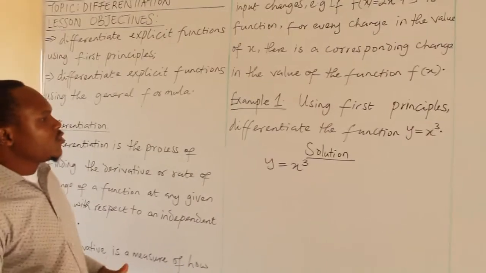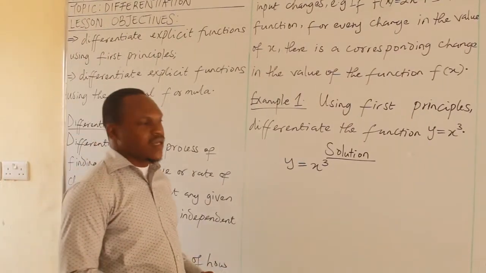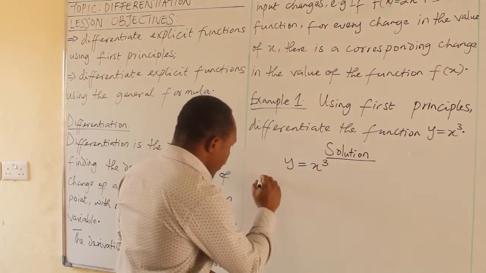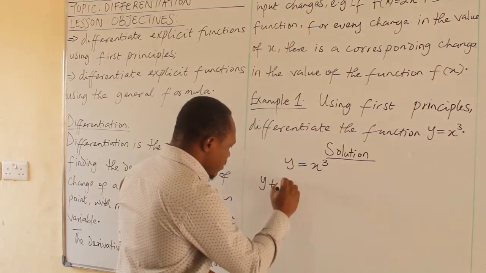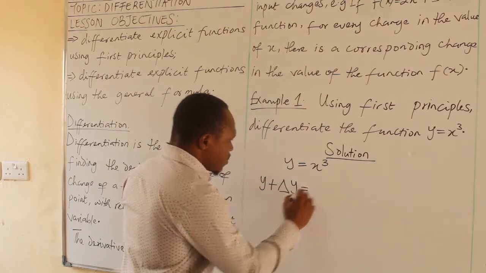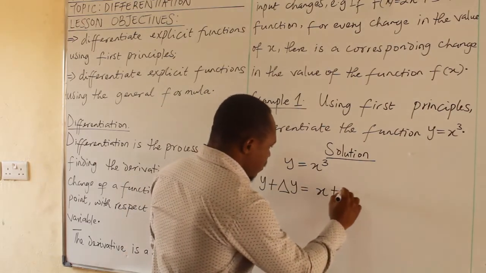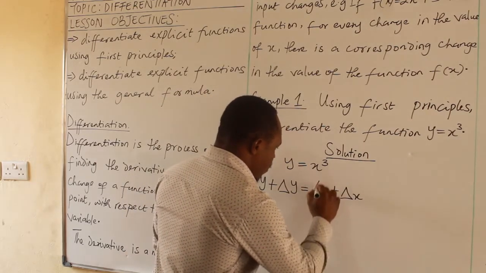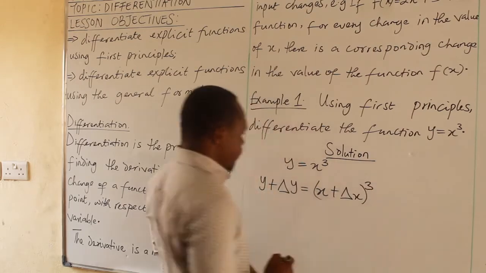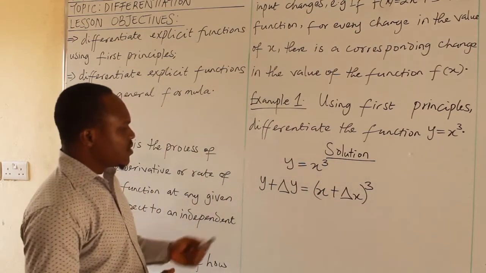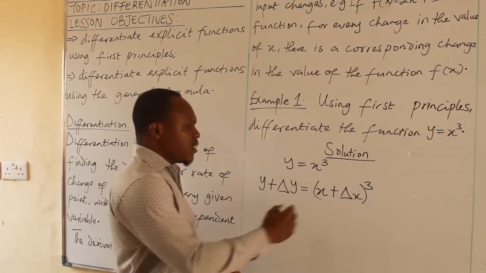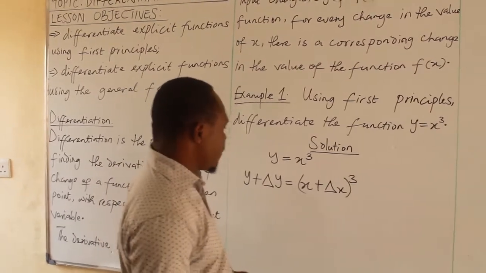The first thing we're going to do is to have our incremental change. We'll have y plus delta y is equal to x plus delta x all raised to power 3.